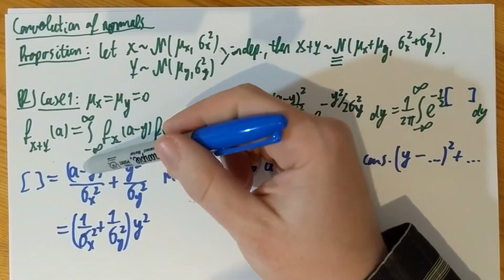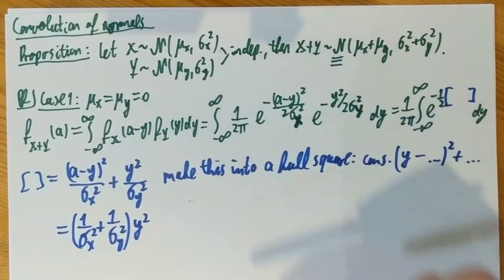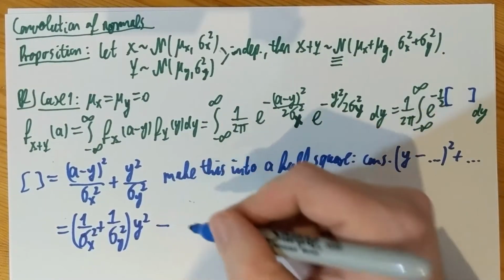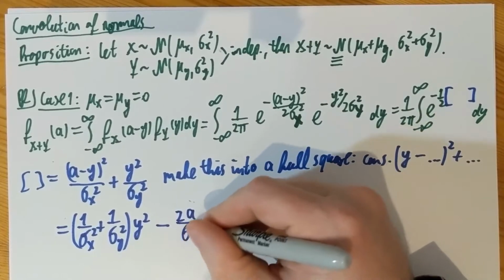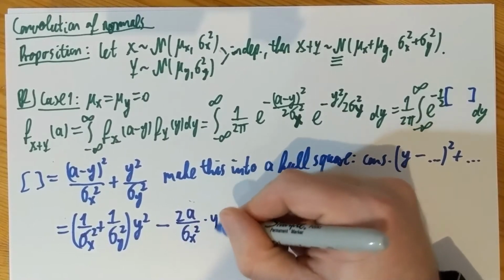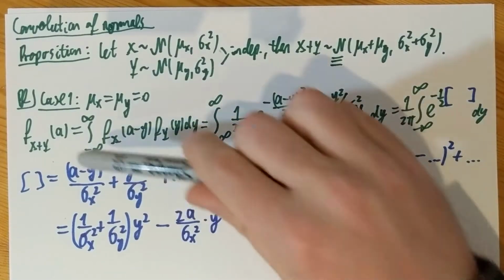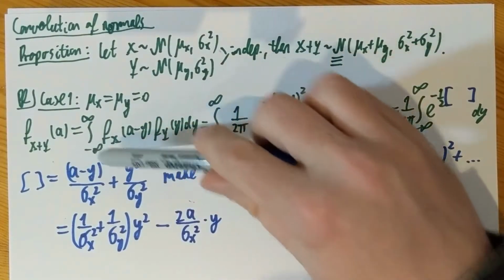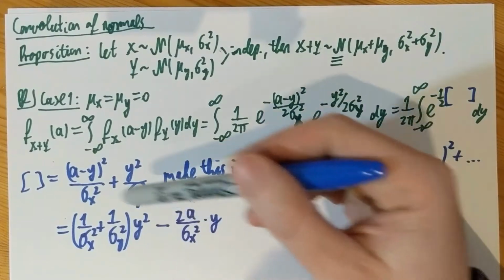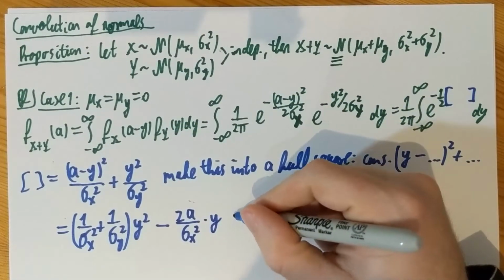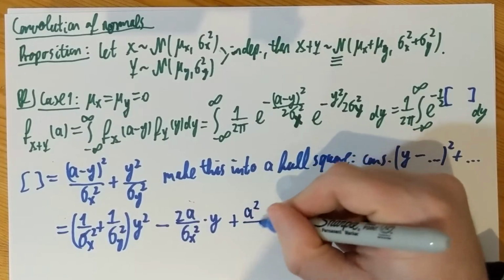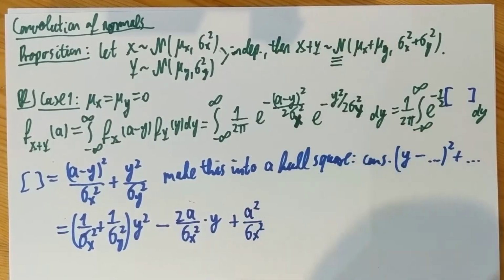So this comes from the square of y here and the other term square of y there. Then there is going to be a minus 2a over sigma x square times y. That's coming from the cross product between a and y when I do the square with a factor of 2, and there is a minus sign there. And then there is going to be a constant term, a square over sigma x square.